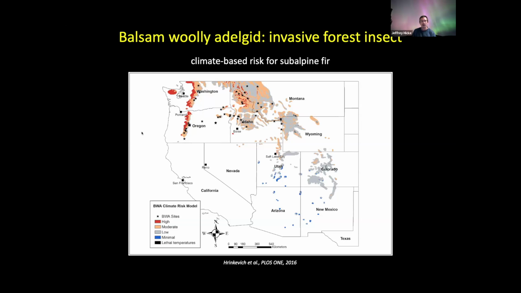The reds indicate areas of higher risk. The blues and grays indicate lower risks. And so you can see in the northern Rockies and Cascades, subalpine fir is thought to be high in terms of risk, but in the southern part of its range, the subalpine fir is estimated here to be at lower risk.